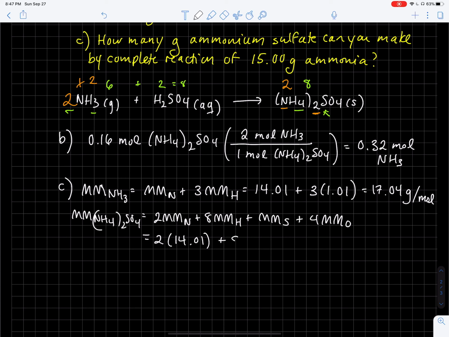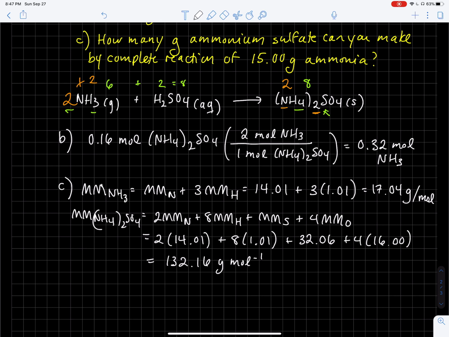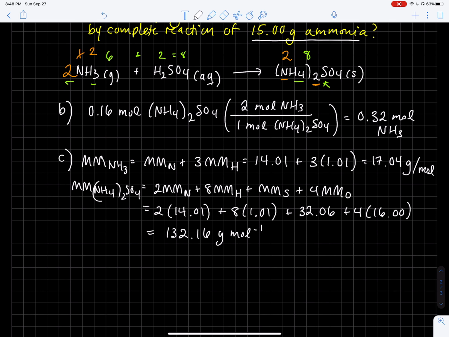So 14.01 for the nitrogen, 1.01 for the hydrogen, 32.06 for sulfur, 16.00 for oxygen, so 132.16 grams per mole. Okay, so our starting point is 15 grams of ammonia.